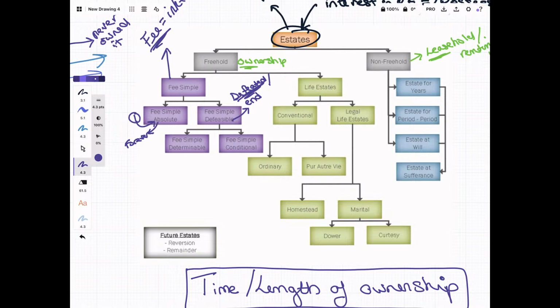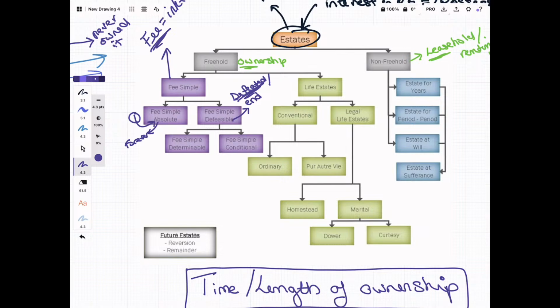If it was fee simple absolute, do what you want. If it's a fee simple defeasible, she said, Gabs, your ownership could possibly be ended. If you drink alcohol, you will lose ownership. If you don't drink alcohol, you won't lose ownership, which is why I said the maybe.